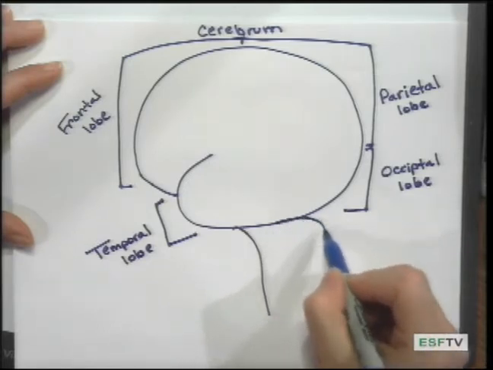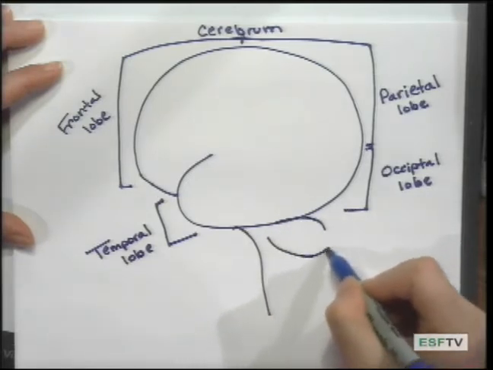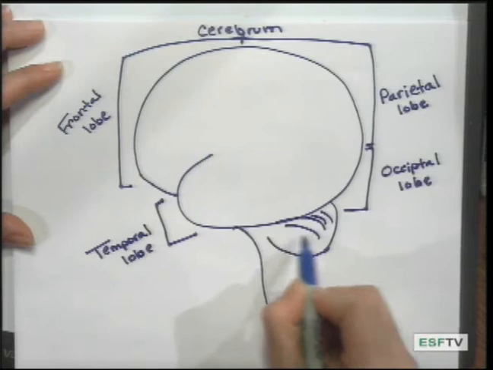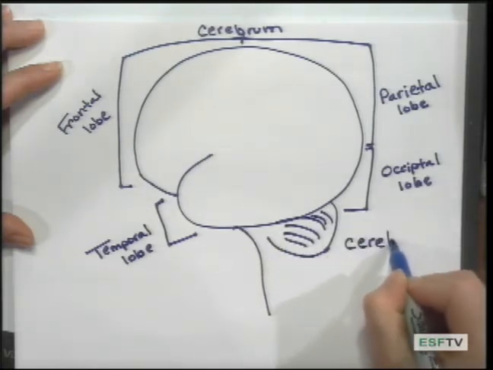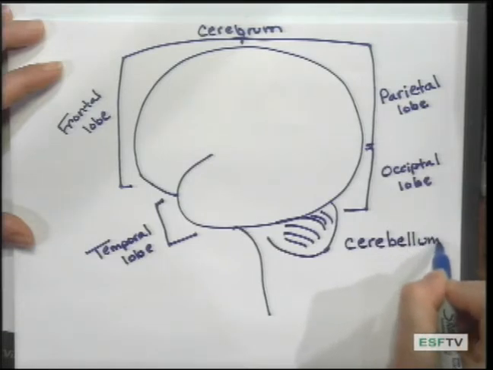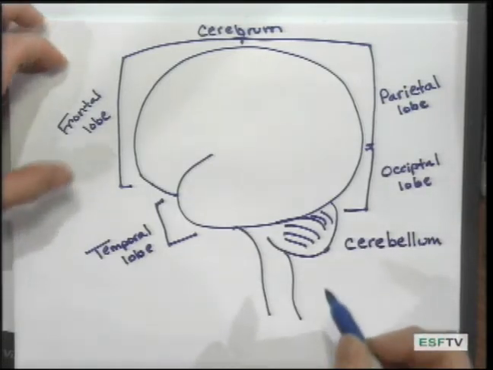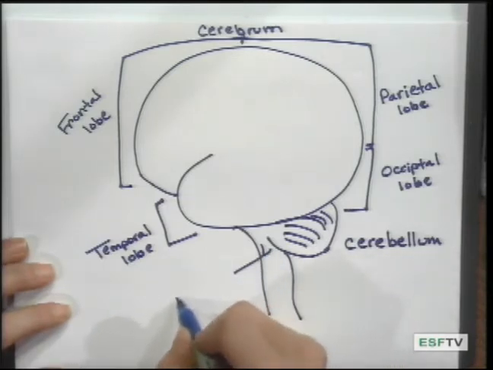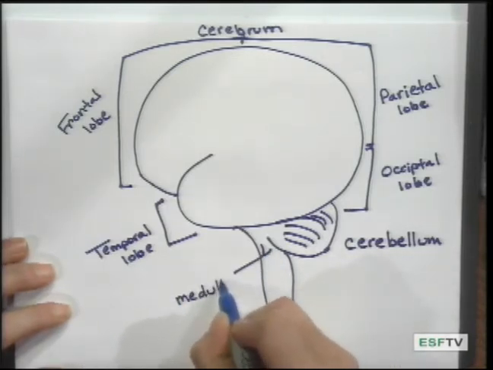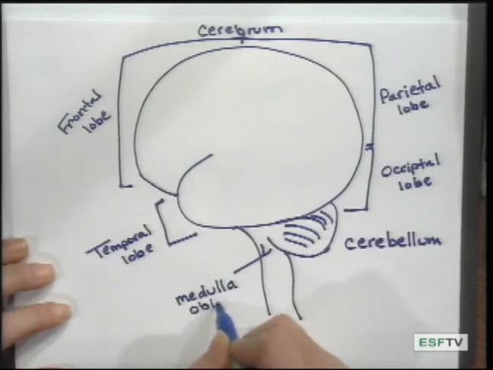You also have a structure here called the cerebellum. And you have another structure here called the medulla oblongata.